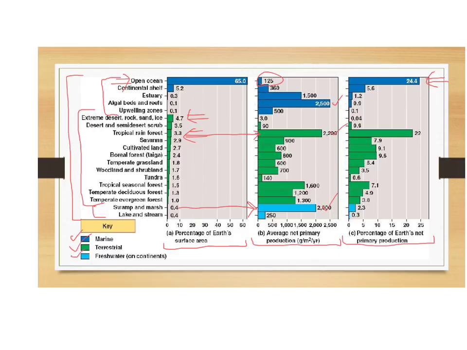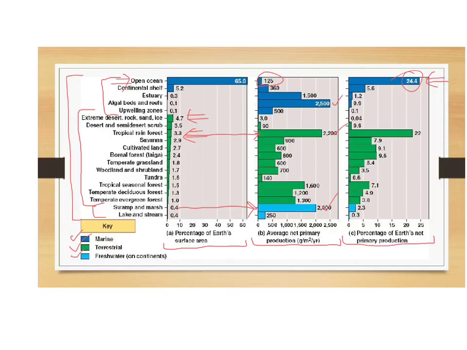If a question asks you by percent which biome or ecosystem is the most productive on Earth, the answer is the open ocean.